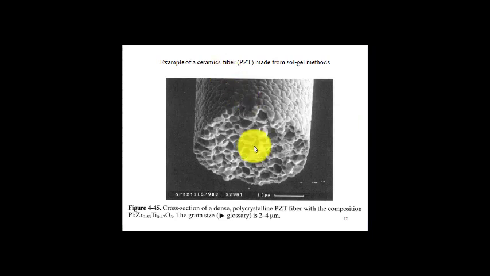So this is the cross-sectional diagram of a polycrystalline PZT fiber with the composition lead zirconium 0.53, titanium 0.47. The grain size is 2 to 4 micrometer. The grain size means the size of one grain. This is the scanning electron microscopic image of PZT.